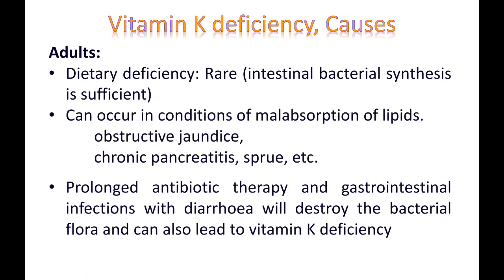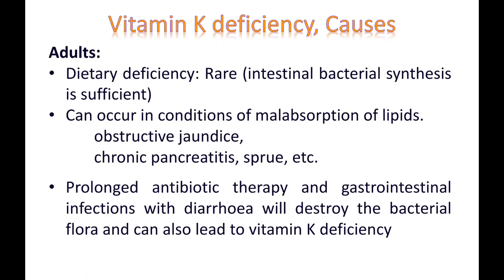So what are the deficiency manifestations of vitamin K? In adults, dietary deficiency of vitamin K is rare because intestinal bacteria synthesize it and meet the requirement. But in malabsorption of lipids, obstructive jaundice, chronic pancreatitis and sprue, vitamin K deficiency may occur, and also with prolonged antibiotic therapy.